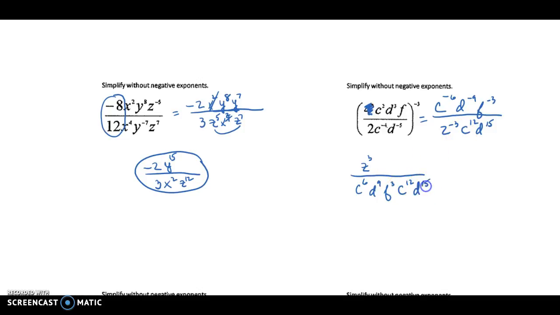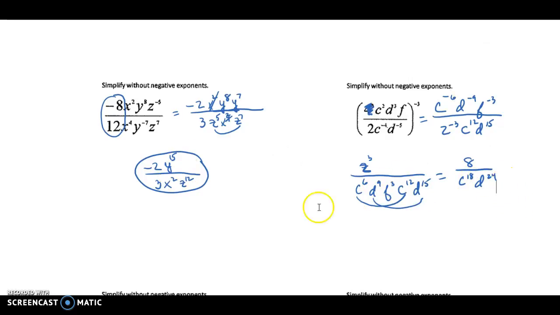D to the 15 is going to stay down. That's a 2, sorry, that's a 2. So that's going to give me 8 in the numerator. Now when I multiply the c's together, I add the exponent, so it's going to be c to the 18. Then d to the 24.